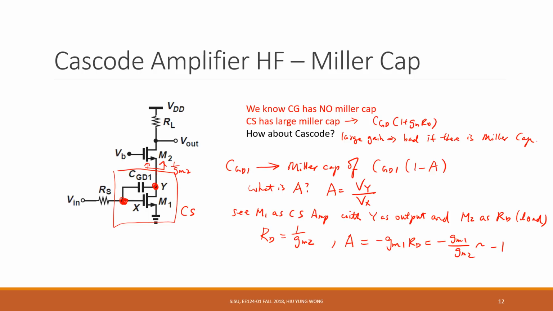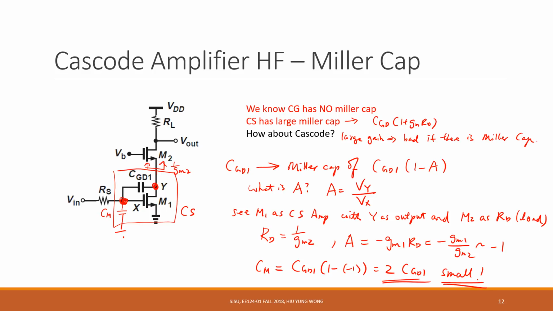So if this is the case, what is our Miller cap? If I put this as a Cm Miller cap, then Cm will be equal to CGD1 times (1 minus negative 1), which equals 2 CGD1. Small.